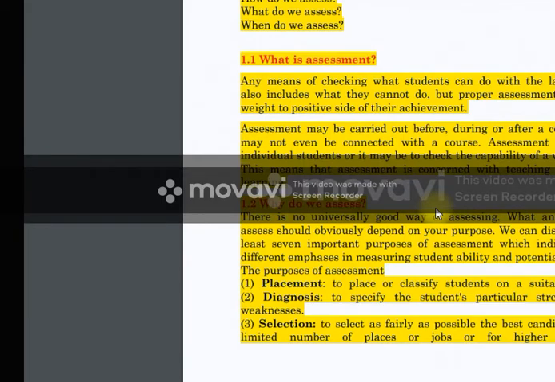Though it is not mentioned here in the purposes of doing assessment, it is to some extent an aspect that is important to be assessed by the teacher. So this test, which is designed to measure students' IQ level, the so-called intelligence quotient level, is called an aptitude test.